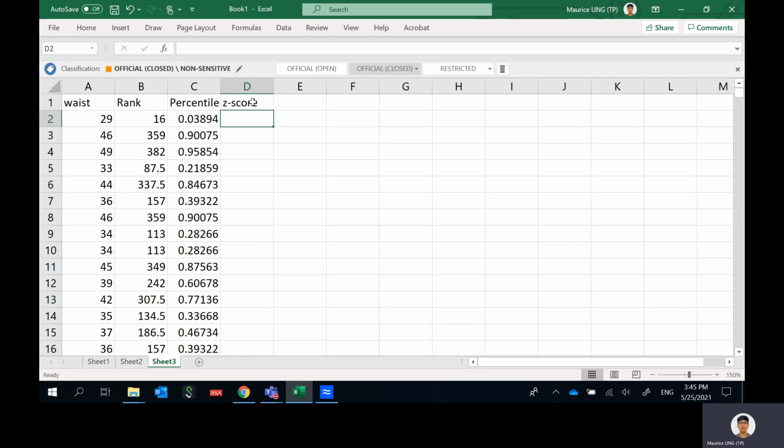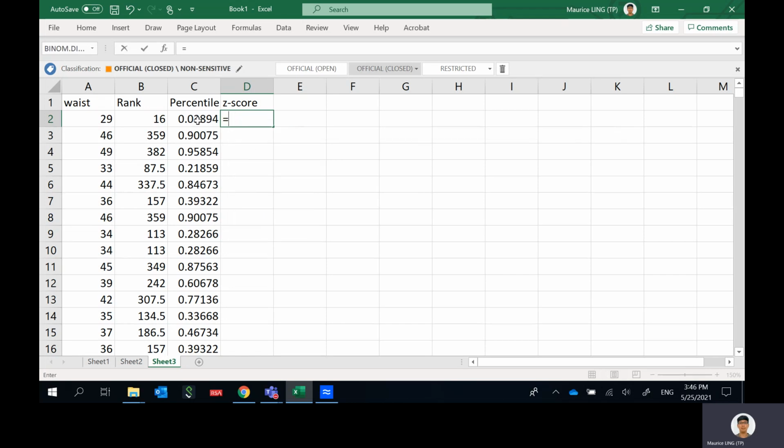Z-score is something you tabulate based on the normal distribution. It's the number of standard deviations. It's more complicated than that, though. What you need is to convert the percentile into the Z-score.